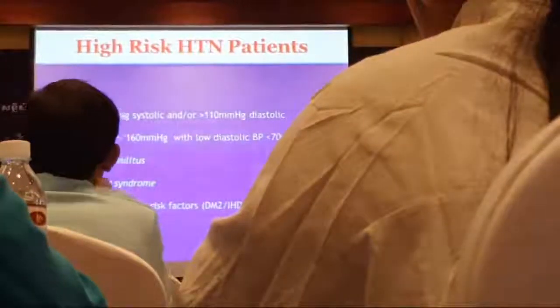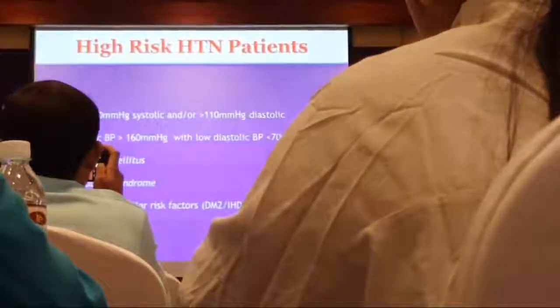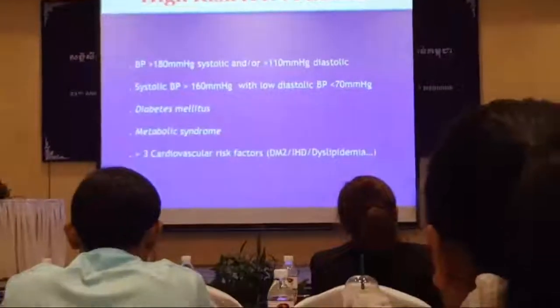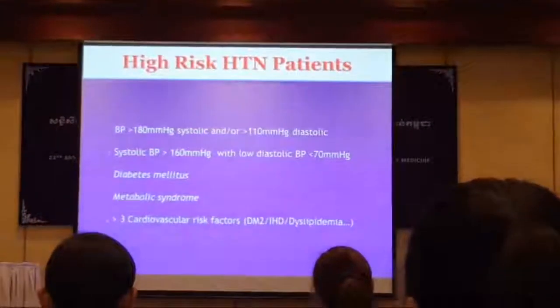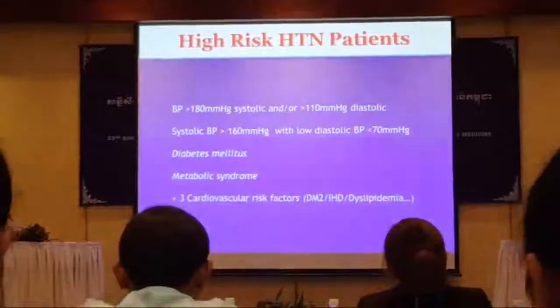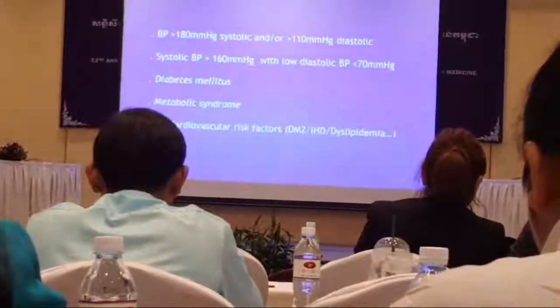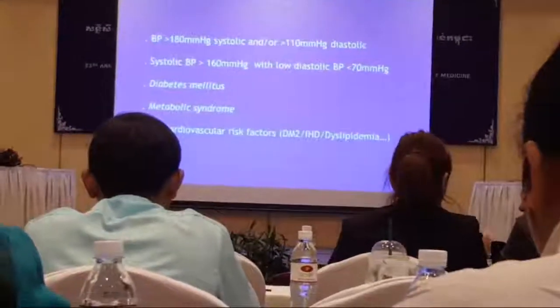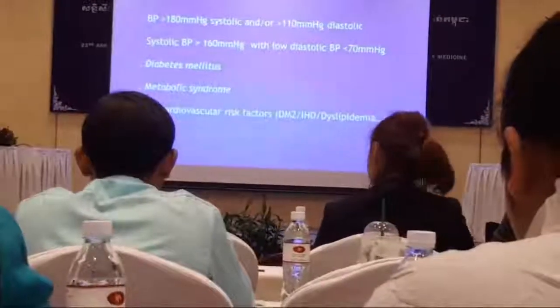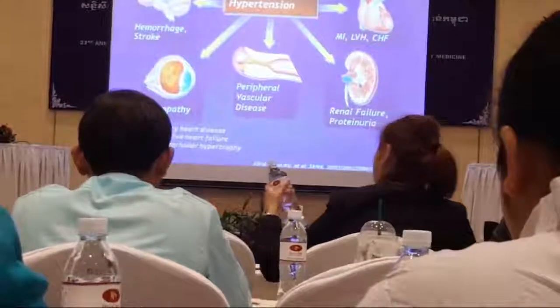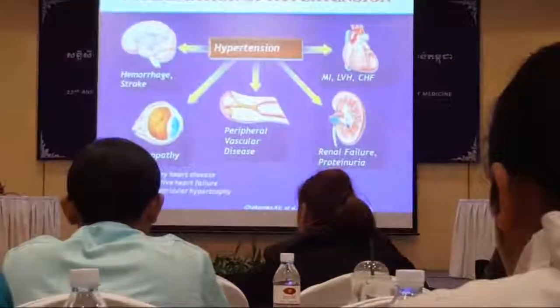For high-risk hypertension patients, we can say a patient who has systolic more than 180 and diastolic more than 110, or systolic more than 160 and diastolic BP less than 70, diabetes mellitus, metabolic syndrome, and more than 3 cardiovascular risks, and the complications of hypertension.